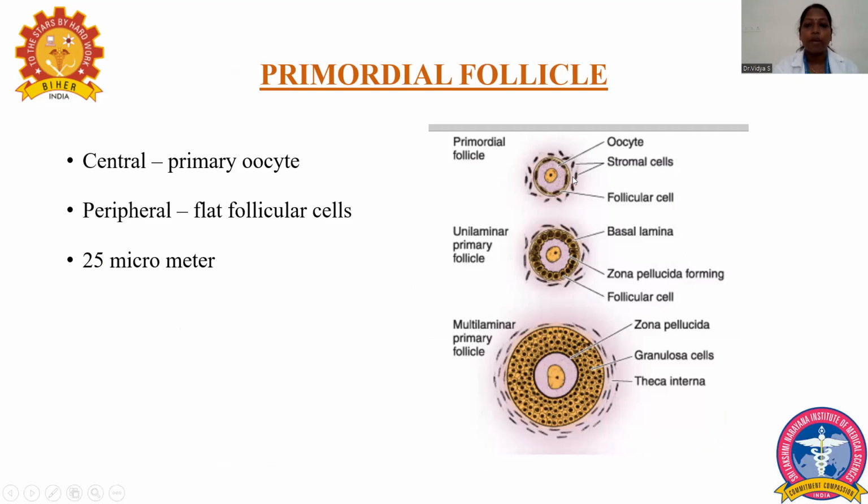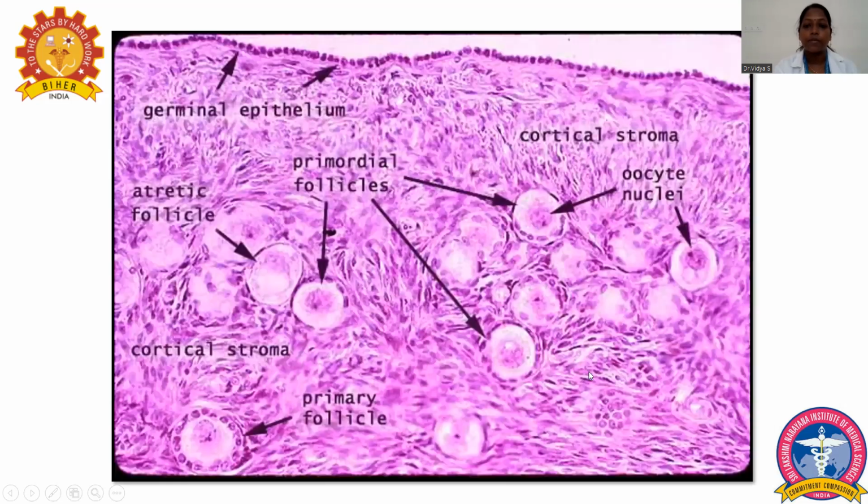This is the primordial follicle. Next, you can see the basal lamina. There is a unilaminar primary follicle, with a single layer. The zona pellucida is formed in this layer. When you have a multilaminar primary follicle, you have a zona pellucida and granulosa cells.